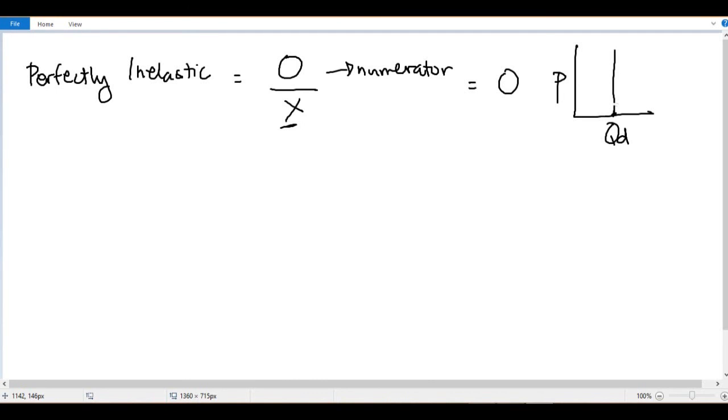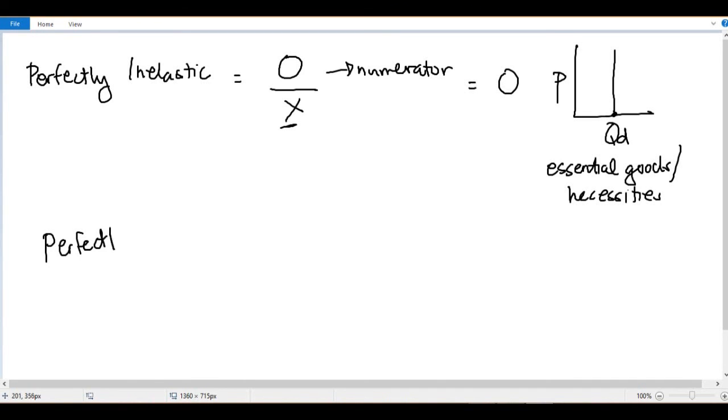That means even if the price changes, the quantity demanded never moves. What are examples? You have the essential goods, or the necessities.